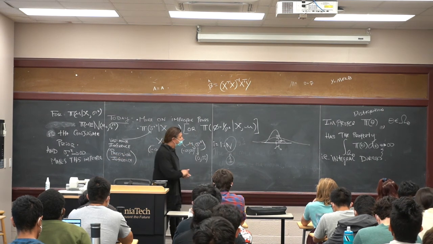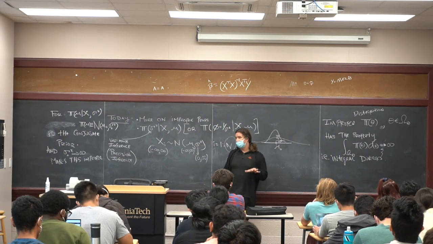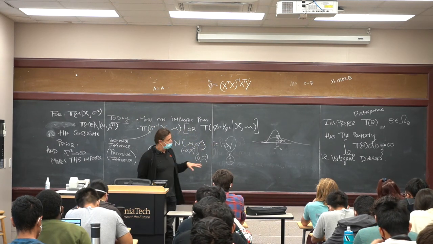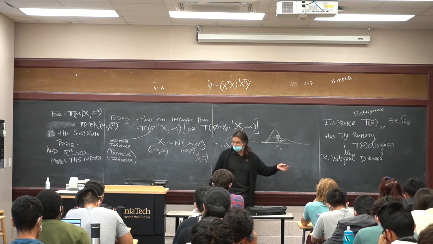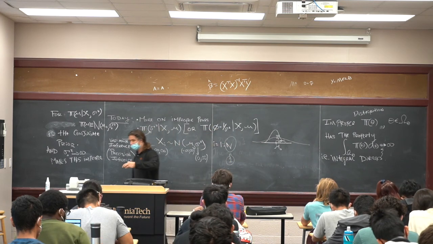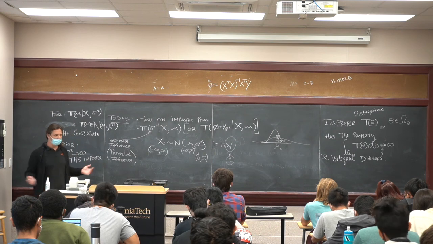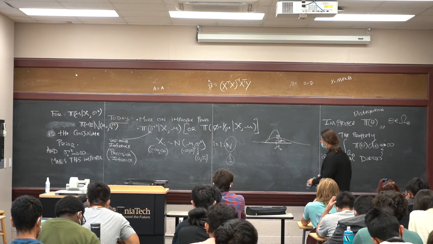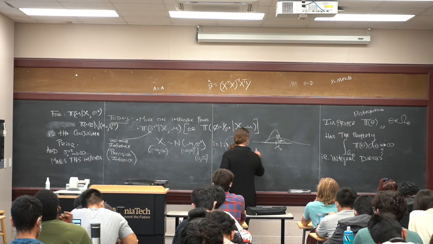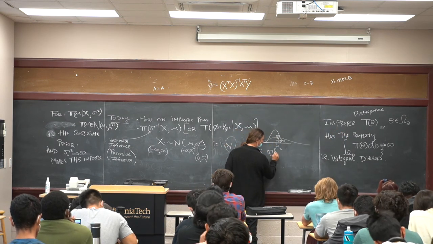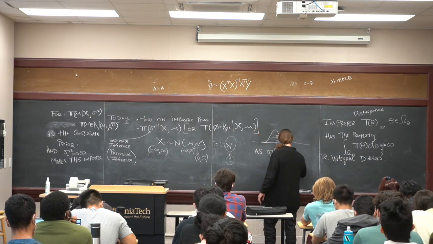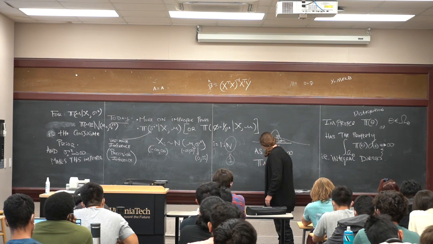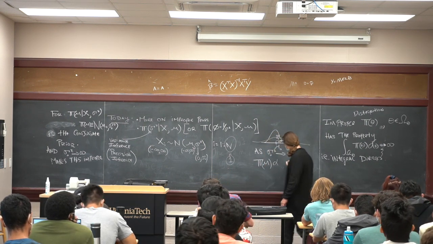The trouble with it is that since it's infinitely wide and infinitely flat, it can't be normalized. We need an infinitely small height so that that thing integrates to 1 across the whole domain of the function. And so that's improper. So as sigma naught squared goes to infinity, we can at least think about the shape, the kernel of the distribution. So I'll say pi mu is going to be proportional to a constant.